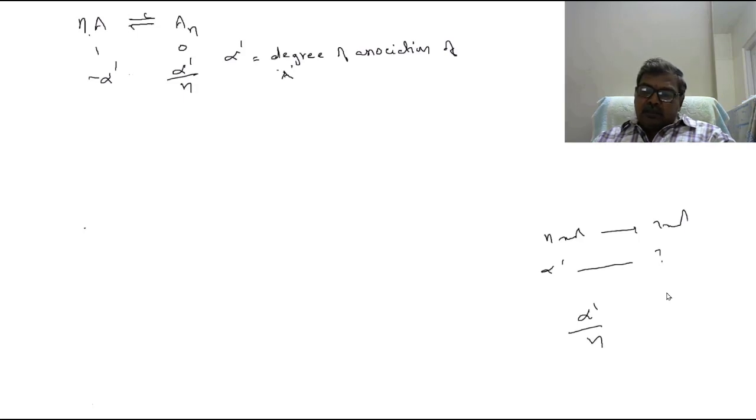Right. So at equilibrium 1 minus alpha dash left. Alpha dash by N moles are formed.